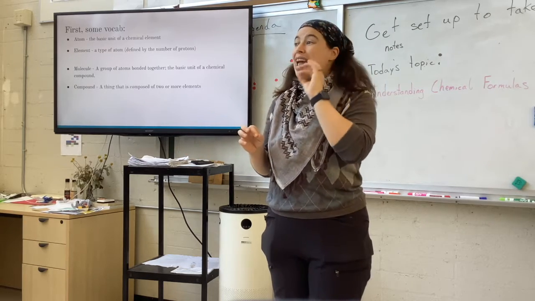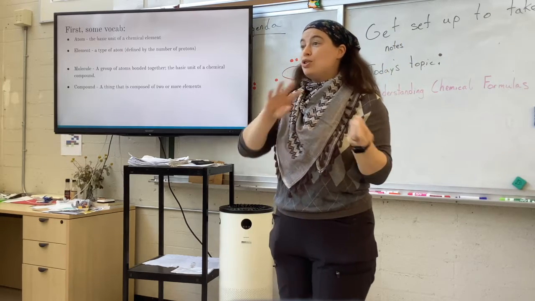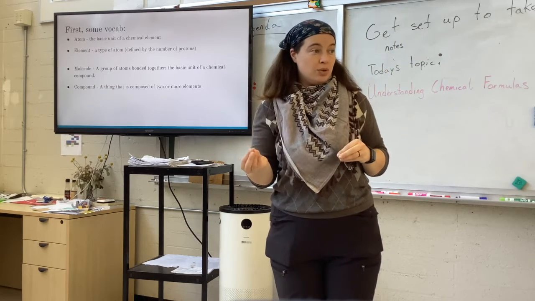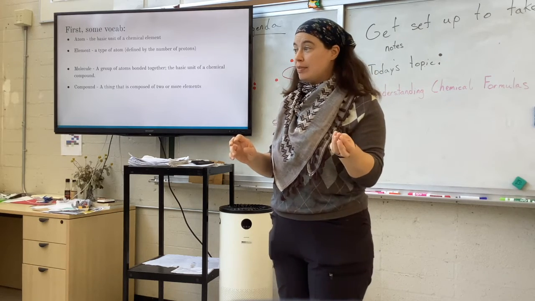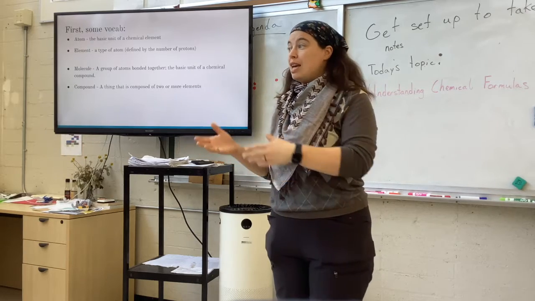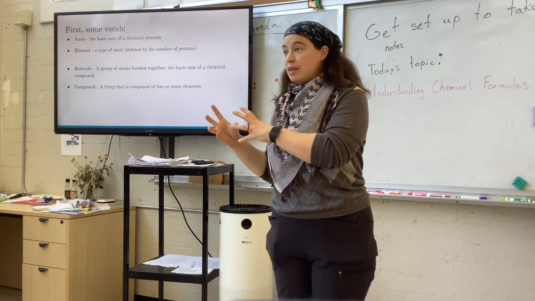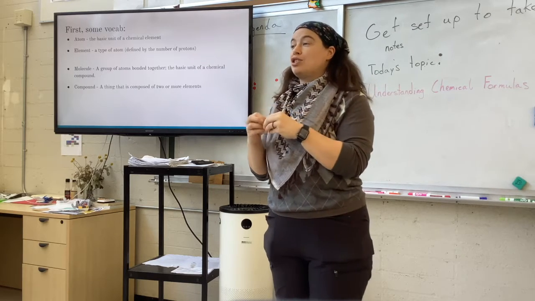Here's the way we connect this handful of different atoms together to create a molecule. So we need to make sure that we're really clear on the difference between the word atom versus molecule. H2O is a molecule of water that contains 2 hydrogen atoms and 1 oxygen atom.